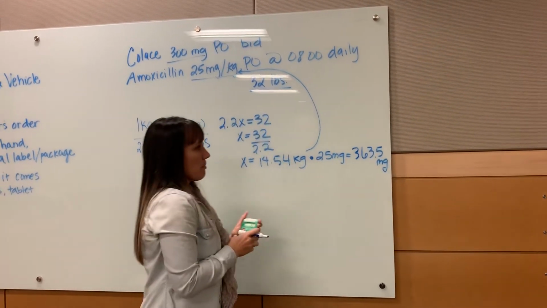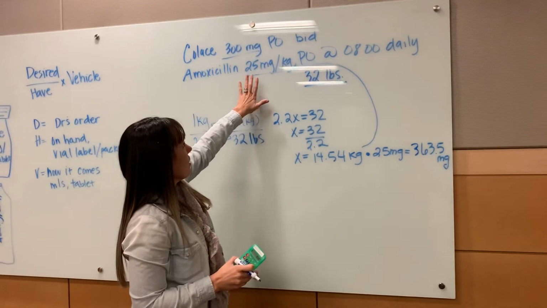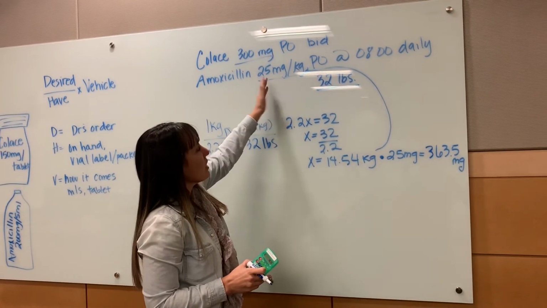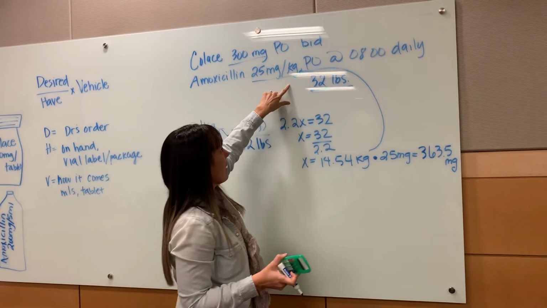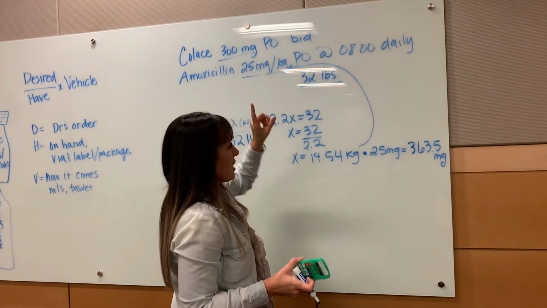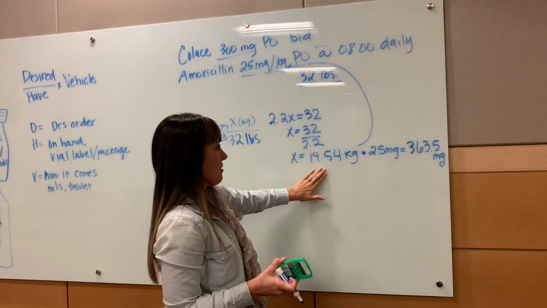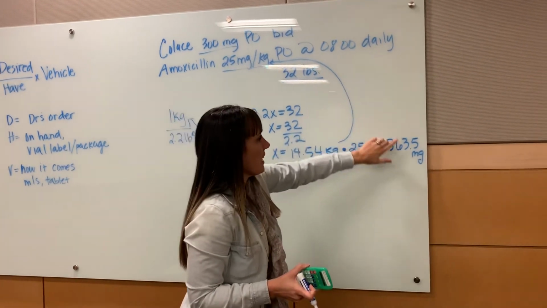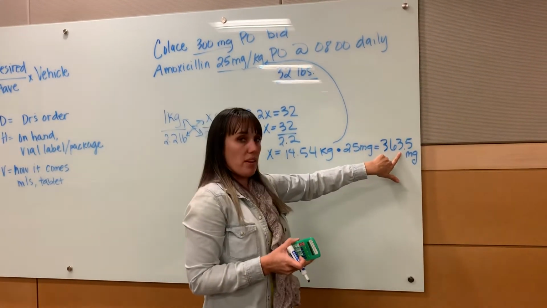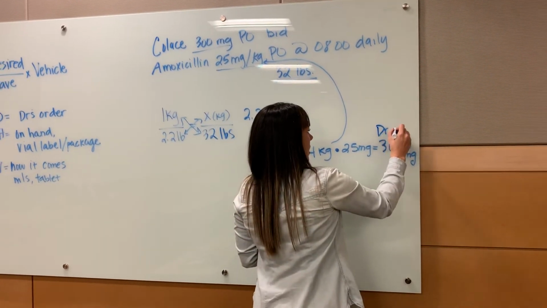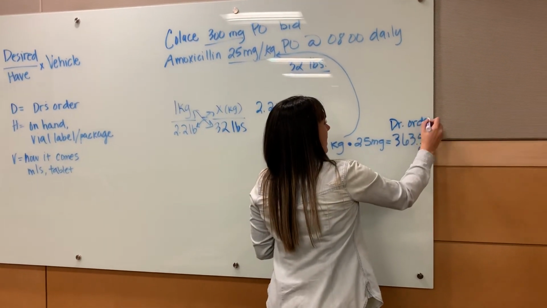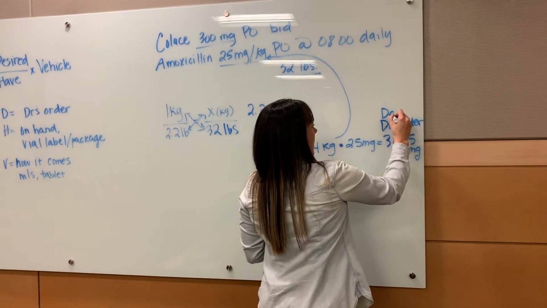The reason it's milligrams is because we're going to give 25 milligrams for each 1 kilogram, but because our patient is about 14 kilograms, we're going to give 363.5 milligrams. Now, this is our doctor's order, or we could say this is our desired.